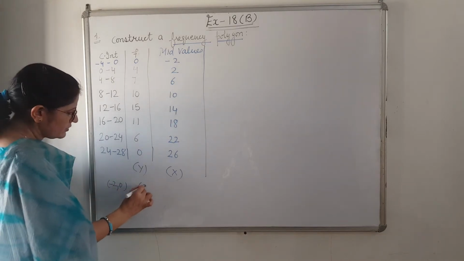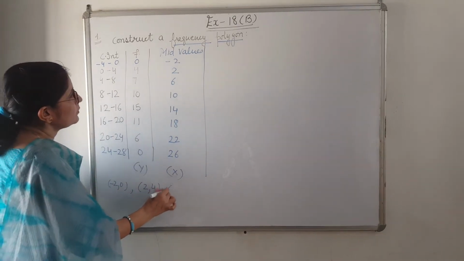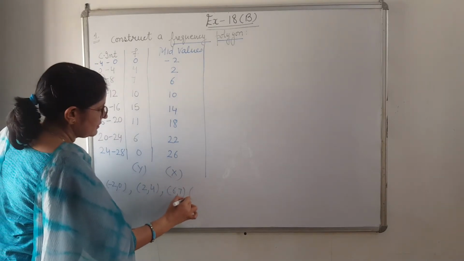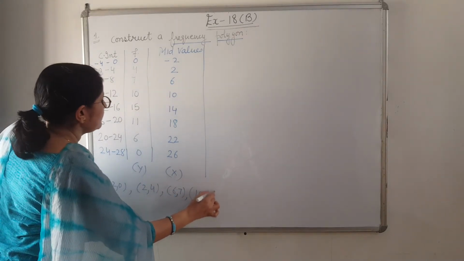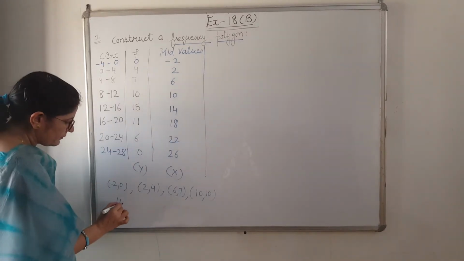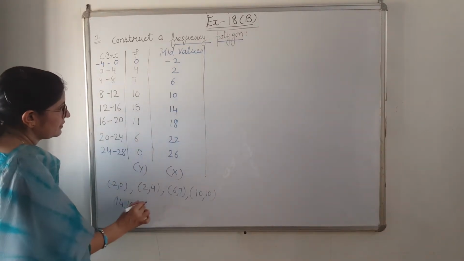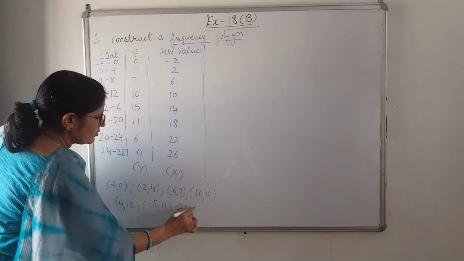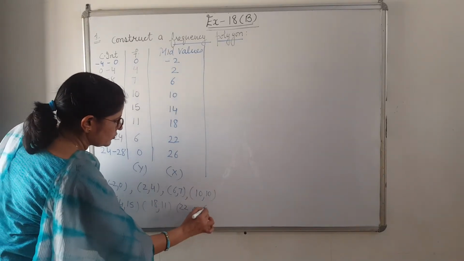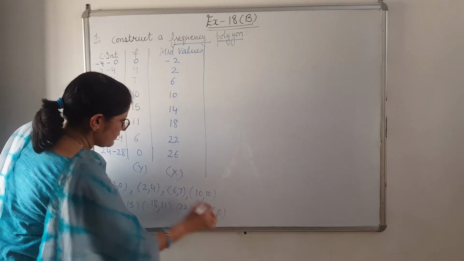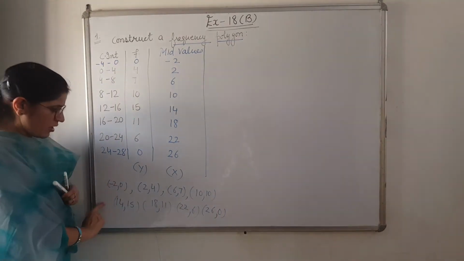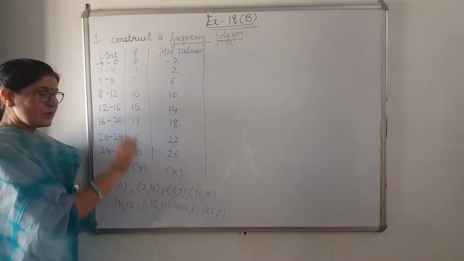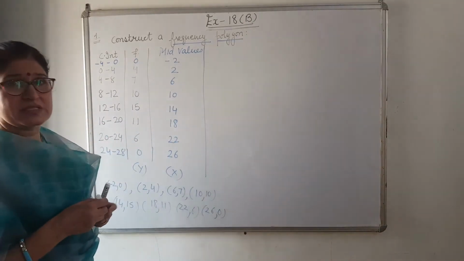The second point, 2, 4. The third point, 6, 7. Then 10, 10. 14, 15. 18, 11. 22, 6 and 26, 0. How to plot these points on the graph, you have done in 8th standard, easily you can do. Then you join the points and you get your frequency polygon.